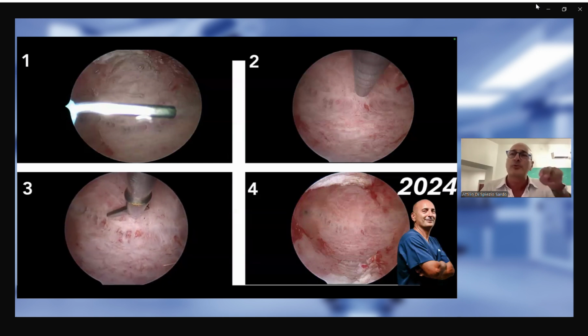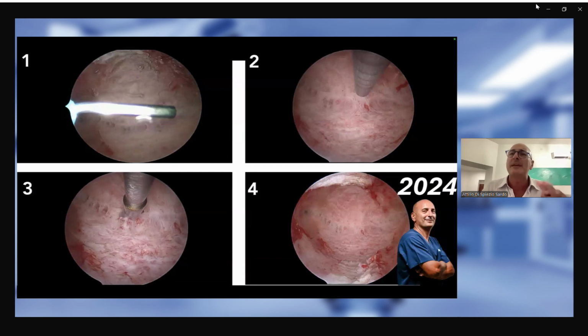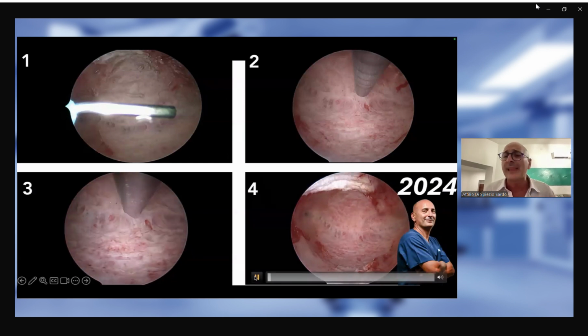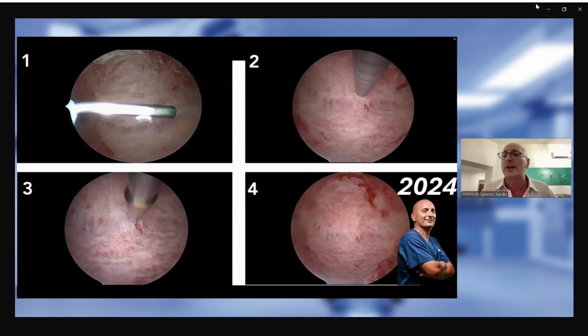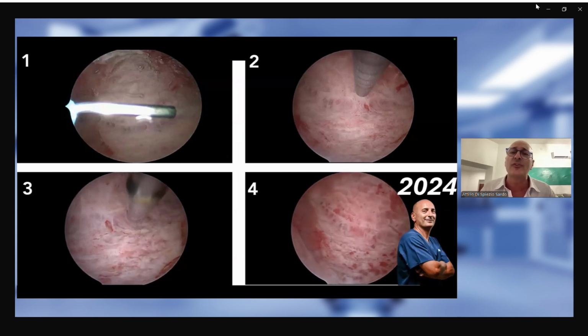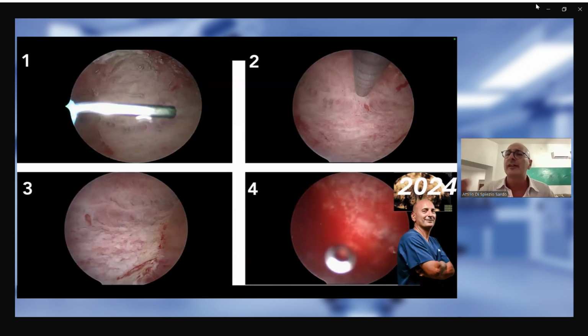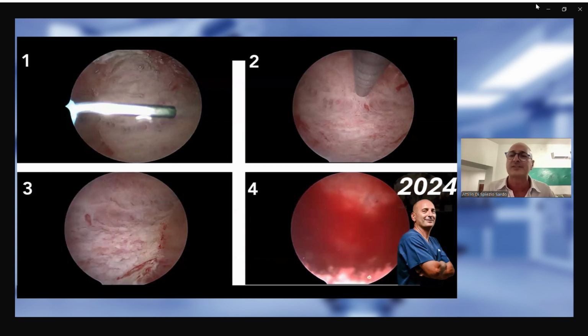We can also put inside the mini resectoscope miniaturized scissors to refine the base of the septum. And I think that at the end, when you have a result like what you see here, you can be happy, because even when you stop the water, you see that it's bleeding on the surface. You arrive at the end, and you can put, and we strongly believe in the importance of gel to avoid intrauterine adhesions.